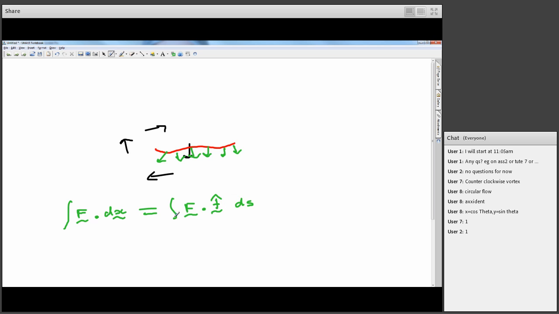So basically what this is saying is it's working out the total amount of the flow in the direction of the tangent, adding it up. That's one way of writing the formula.